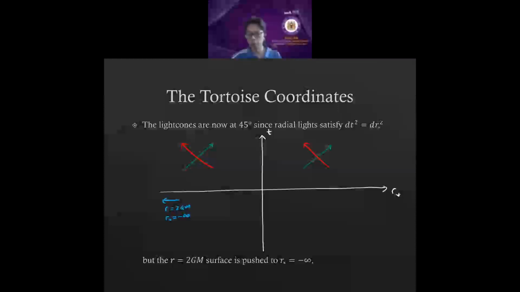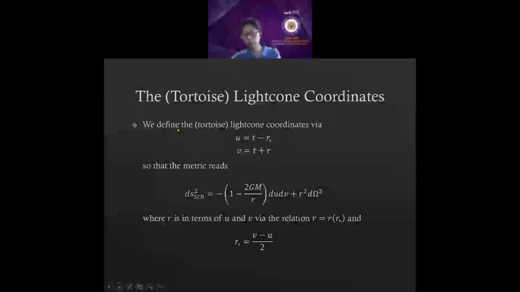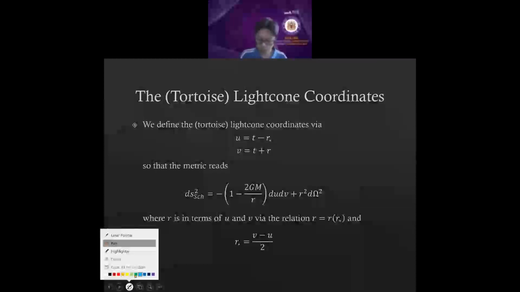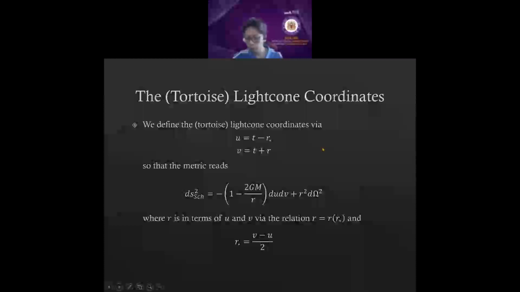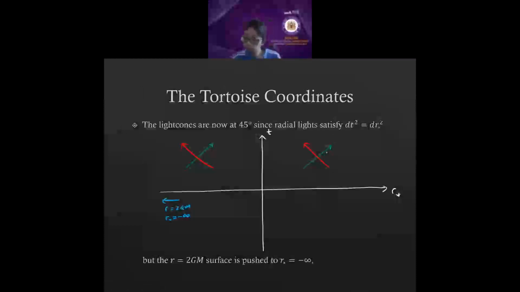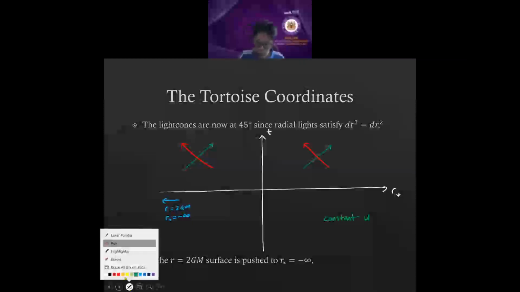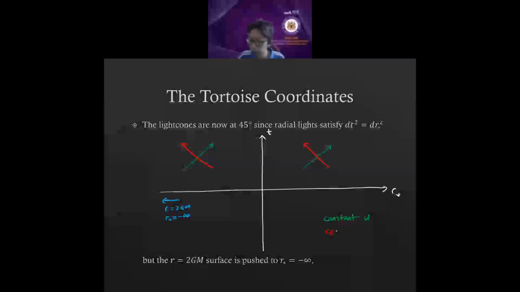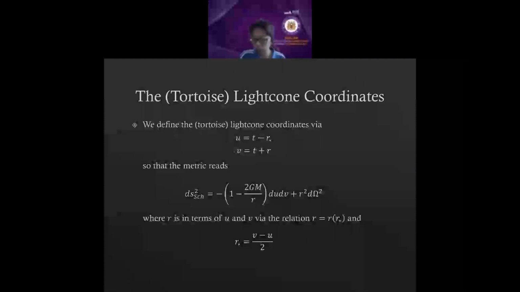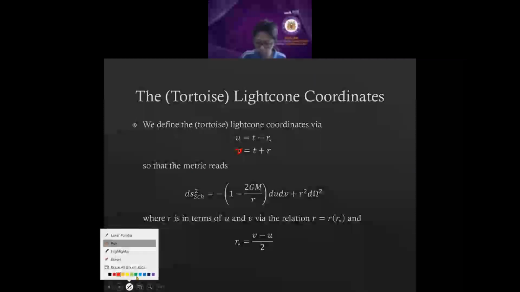What we can do next is define the tortoise background coordinates in this way, where now constant u keeps track of this, so this one is constant u, and these red lines are constant v, referring to this v and this u.